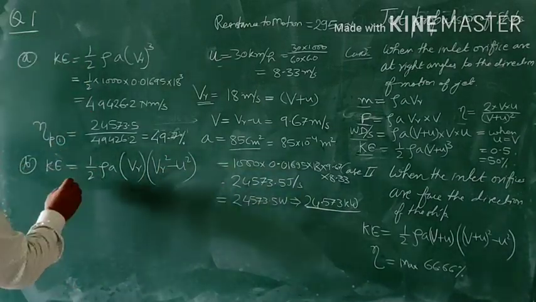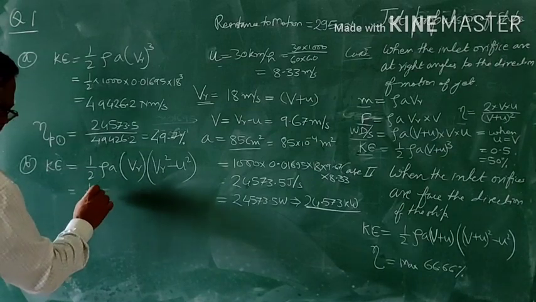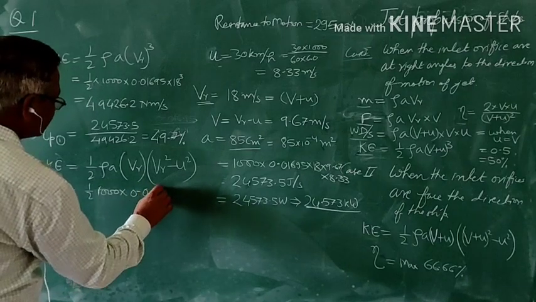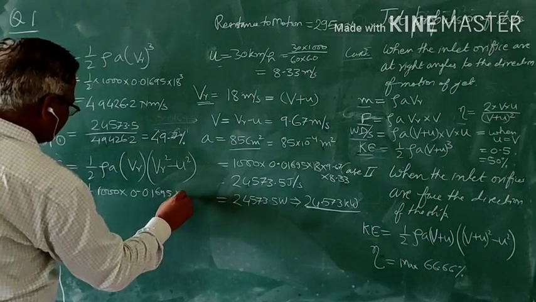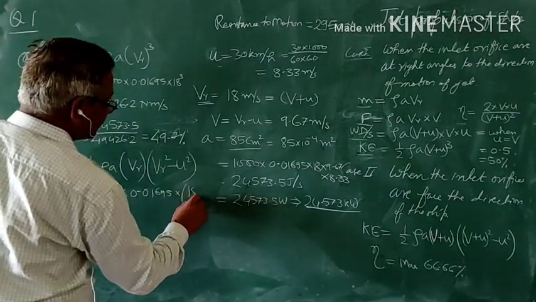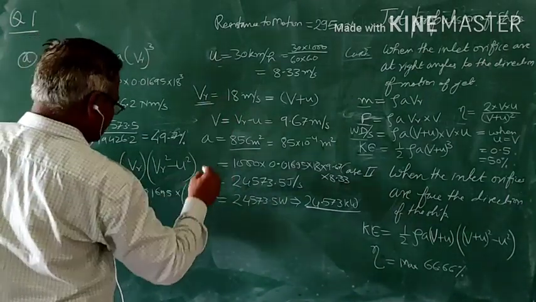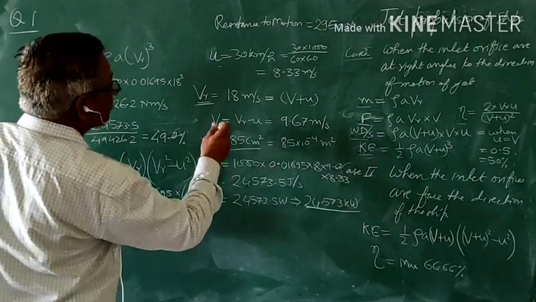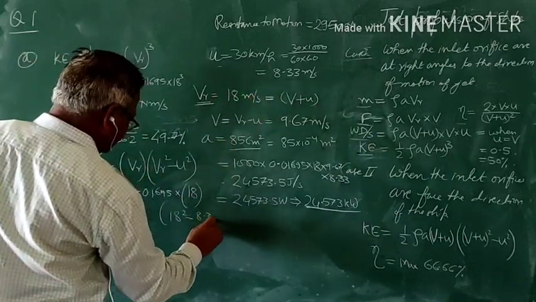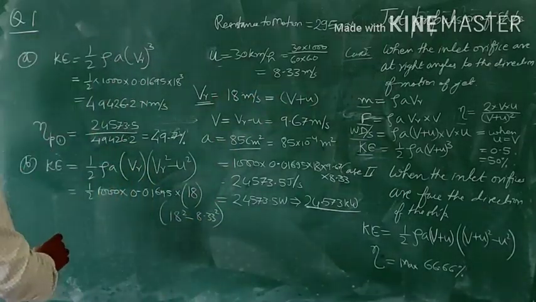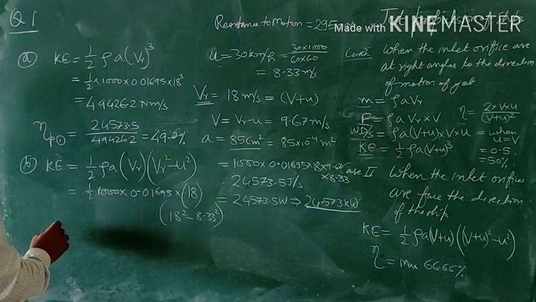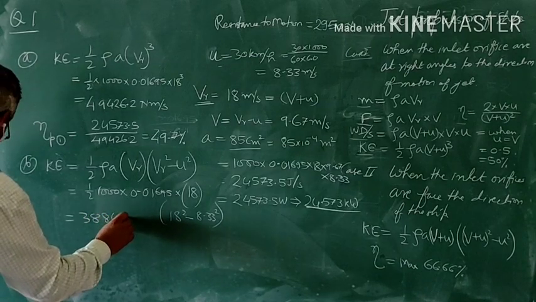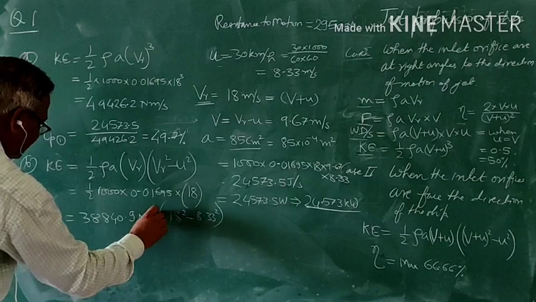So we will substitute the values: 1 by 2 into 1000 multiplied by 0.01695 multiplied by VR, that is 18, multiplied by (18 square minus 8.33 square). When we solve this, we get 38840.9 Newton meter per second.